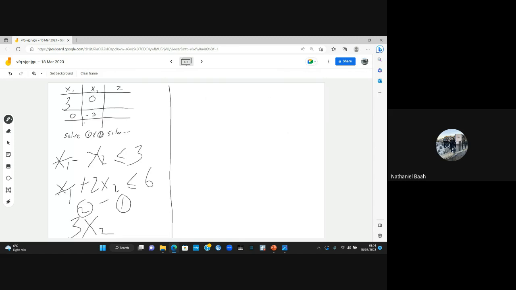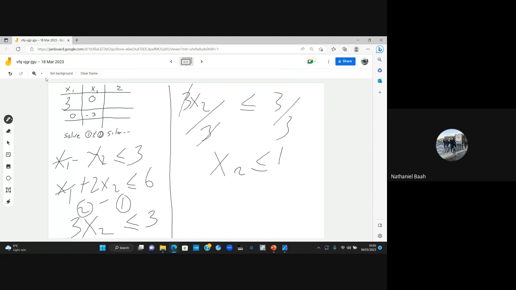And 6 minus 3 should be less than or equal to what? 3. So when I divide both sides by 3, this will cancel out. So I'm going to divide both sides by 3. So I'm going to get 3x2 divided by 3 less than or equal to 3 over 3. So this cancels. I'm going to get x2 less than or equal to 1.